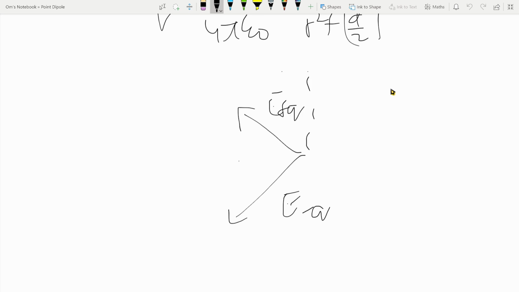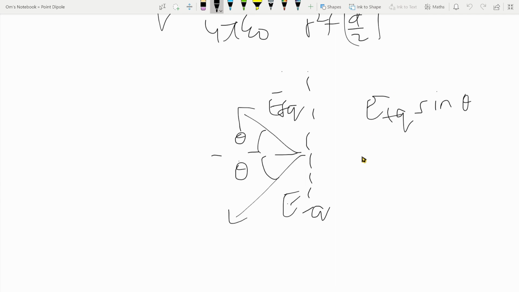So let this be angle theta, and let this also be angle theta. So clearly the vertical component of E plus Q would be equal to E plus Q sine theta, and the vertical component of E minus Q would be E minus Q sine theta.